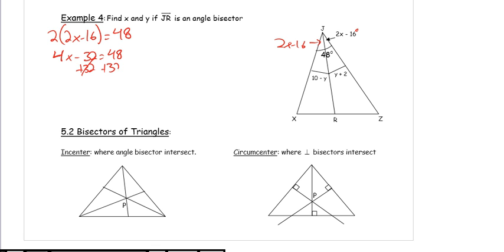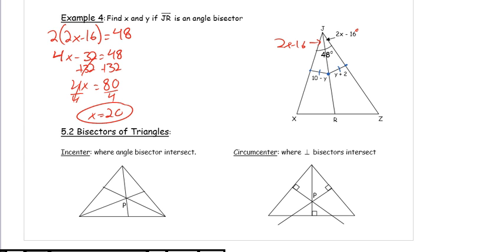I know you guys are probably already past where I'm at right now. So we get x is 20. You can always double check and make sure that works. If you plug it back in, you should have 24 degrees on both sides, which means you get back to 48. To find y, R is that little point there. It's equidistant from here to here.